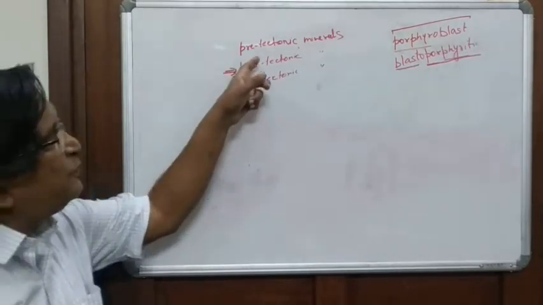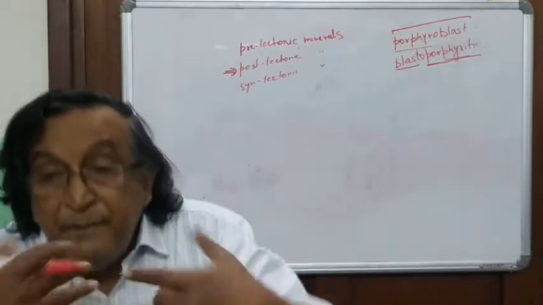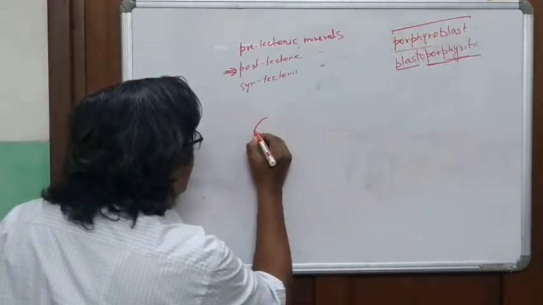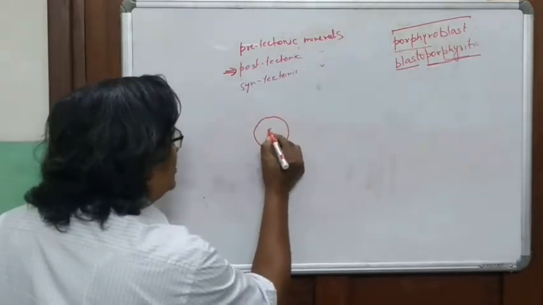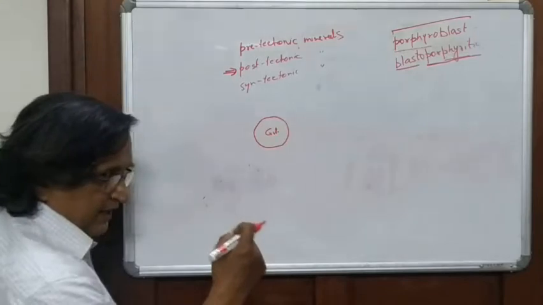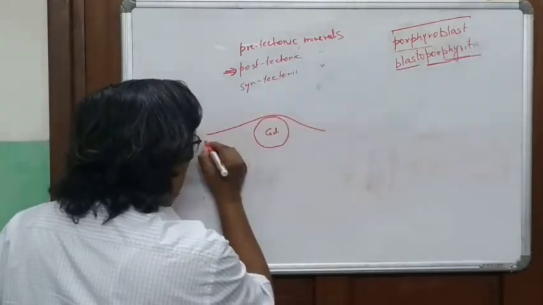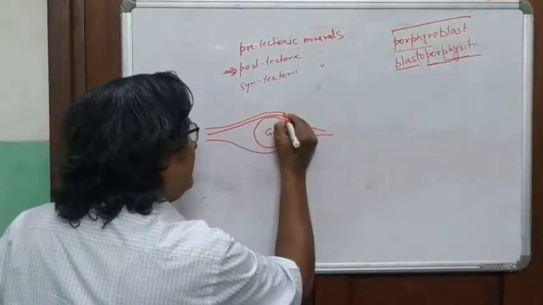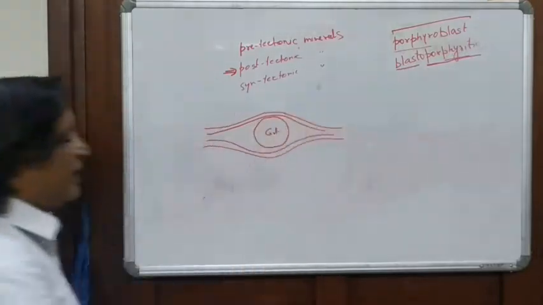Now I talk about pre-tectonic porphyroblast, which grew before foliation. And this looks typically like this. Let's say this is a porphyroblast, let's say this is garnet, which is very rigid and strong, and you have a foliation that warps around it. Have you understood?